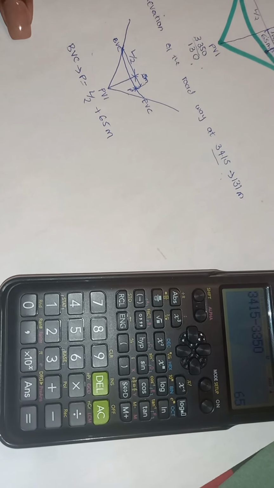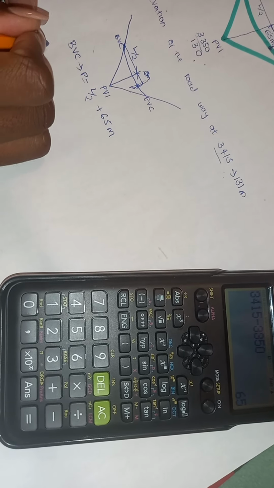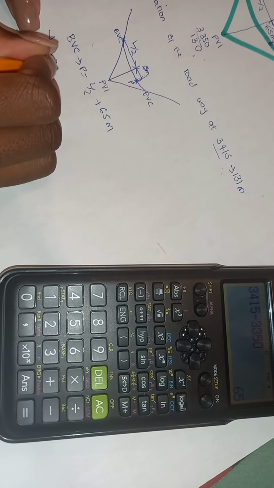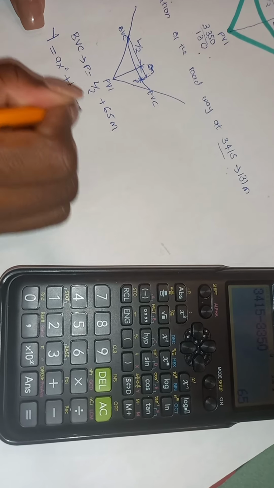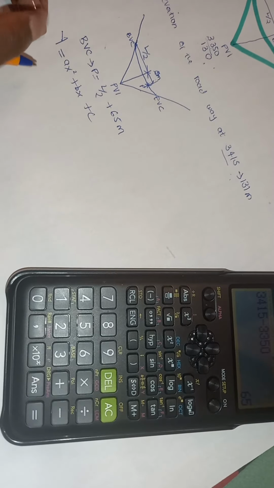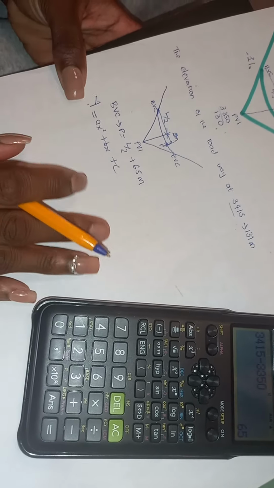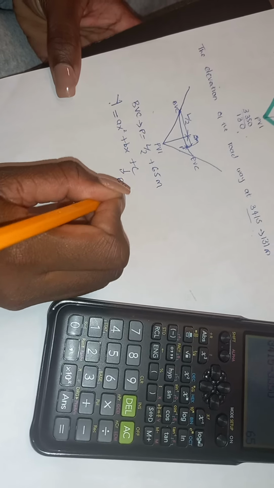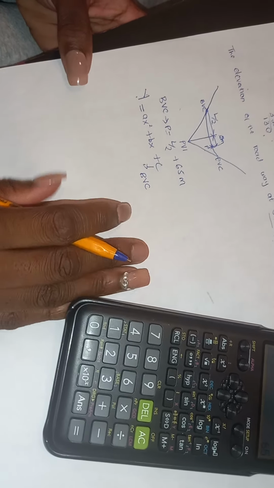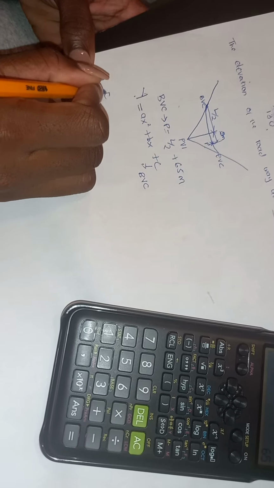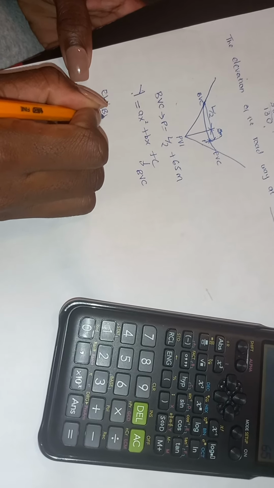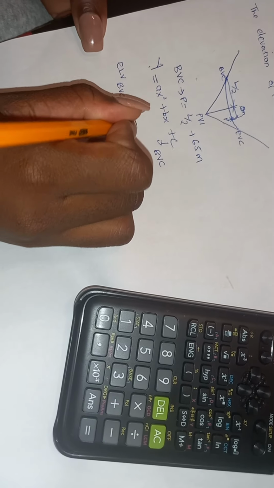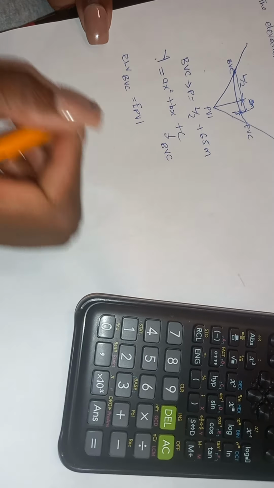Then remember we have the equation ax squared plus bx plus c. This equation calculates the elevation of each and every point. So, the elevation at BVC: we know it's given by the elevation at the PVI.